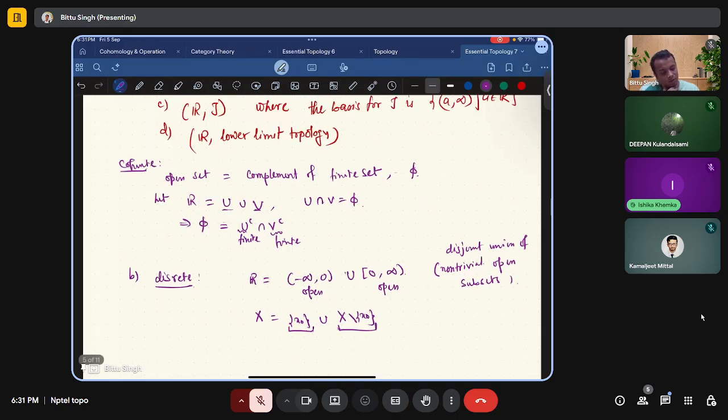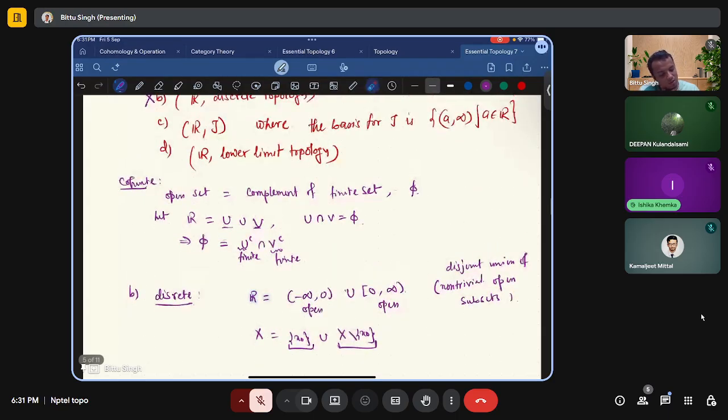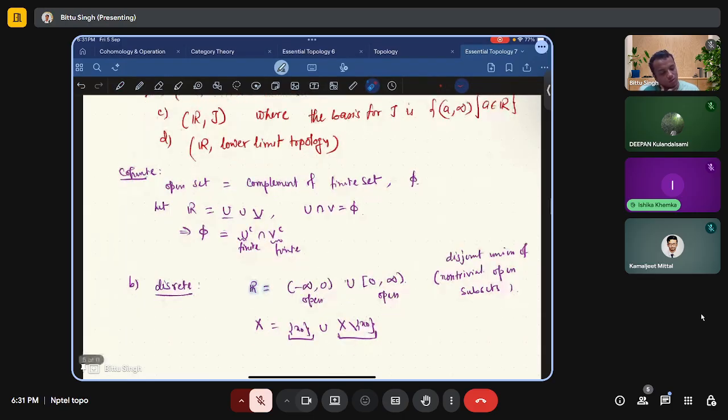Can you see whether this is connected or not? We are considering the topology where the open sets are this kind of ray, some a to infinity. If you choose any two open sets, those two open sets must overlap.